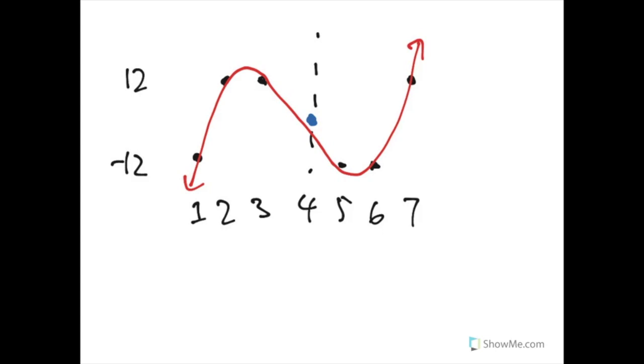And this is a very special kind of reflection. You can actually call this function quote-unquote odd. It is odd in the sense that if you take a point, say over here, that is to the left of 4, and you take this distance between this point and 4, and you reflect it across to the opposite side, well, the value is actually flipped over.